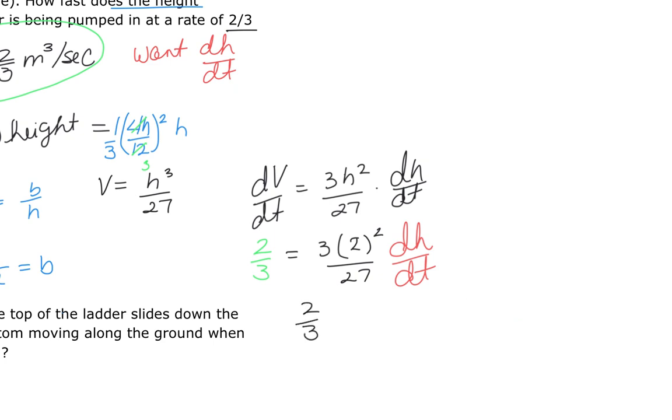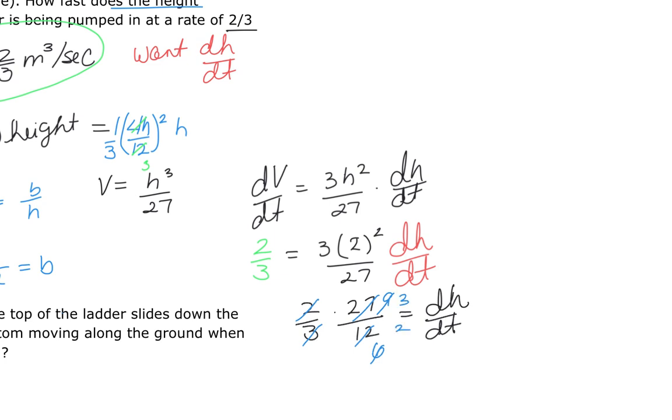I have 2/3 multiplied by 27 over 12 is equal to dh/dt. Canceling things down, 3 will go into 27 9 times, 2 will go into 12 6 times, 6 and 9 reduced to 3 over 2.